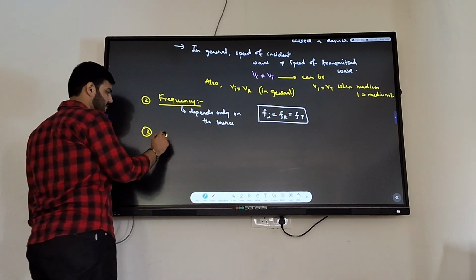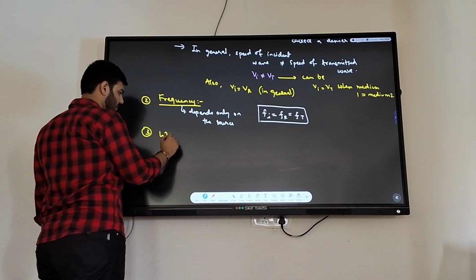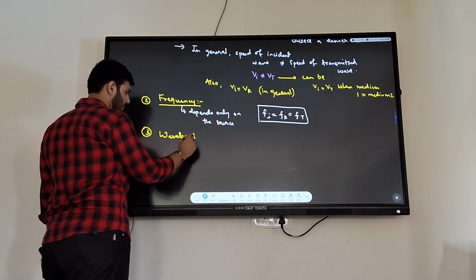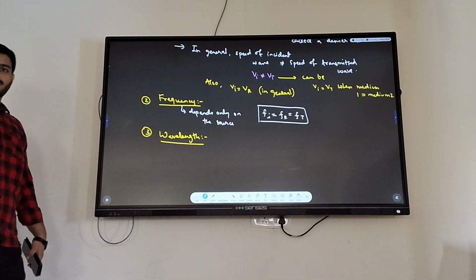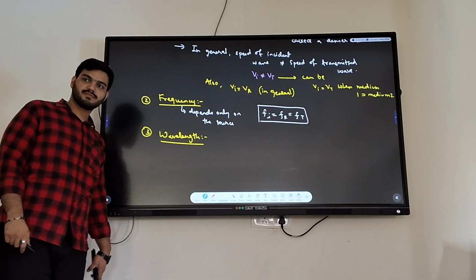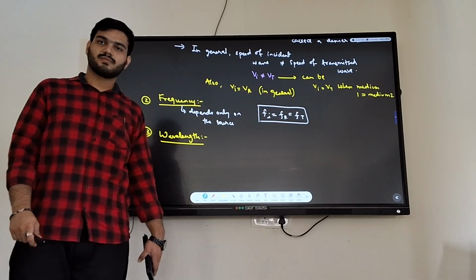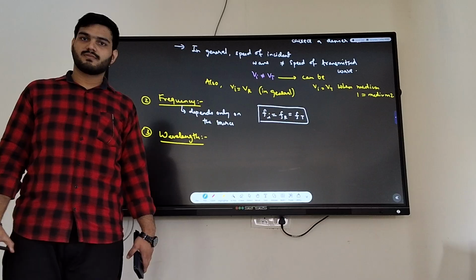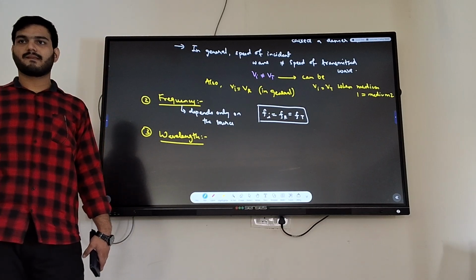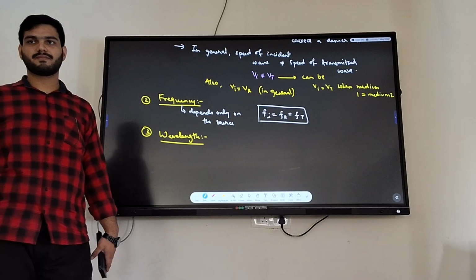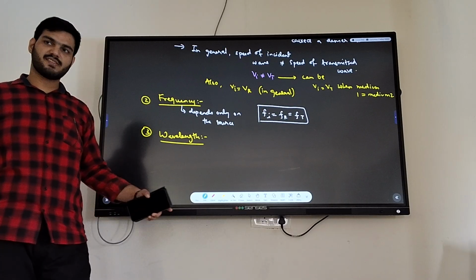What will happen with wavelength? Do you think that will change? Will it change? So V equal to F lambda. F is not changing, but V is changing.